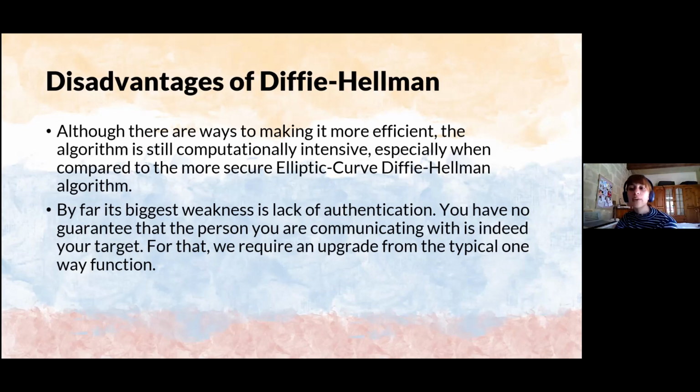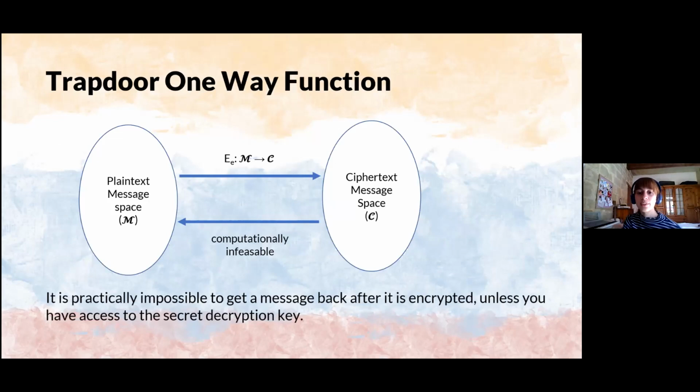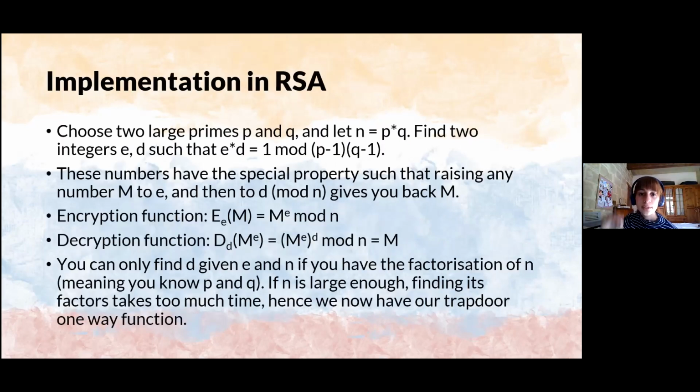For that, we require an upgrade from the typical one-way function, which is a trapdoor one-way function. This function goes easily one way and is difficult the other way, unless you have the decryption key, d. This is used cleverly in RSA. It uses a nice trick in number theory, which I really suggest you look into.